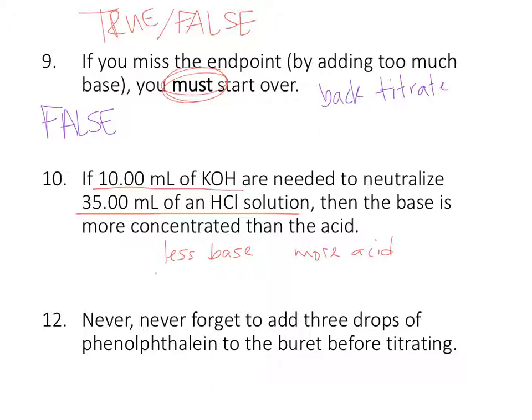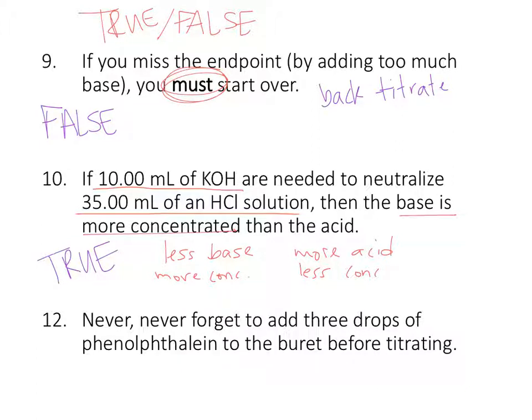Less base, more concentrated. And if I'm using more of the acid, it has to be less concentrated, because one goes up, the other goes down. They're inversely related. So if 10 milliliters of KOH are needed, then the base is more concentrated. That is a true statement.